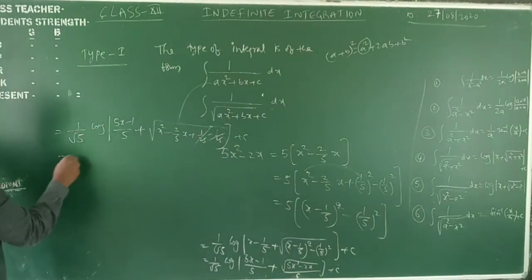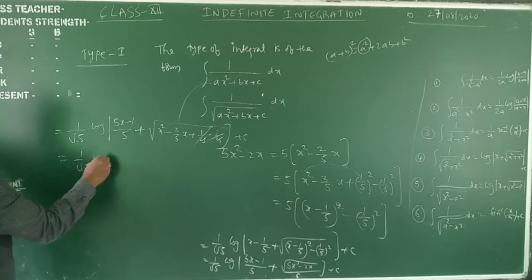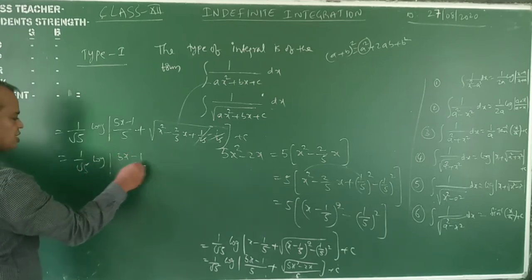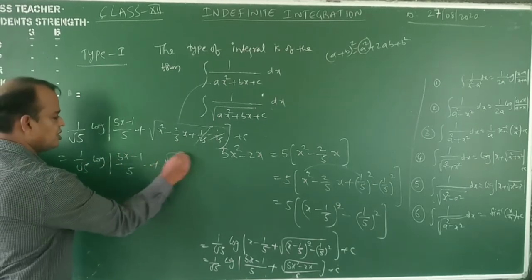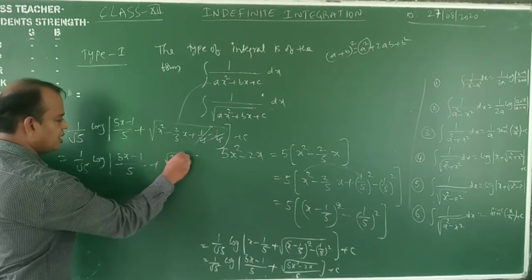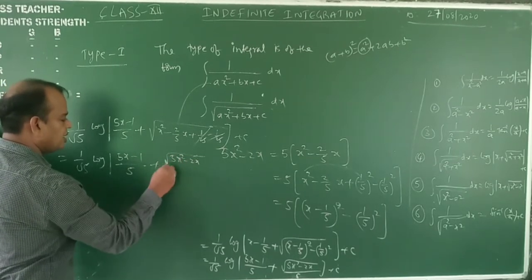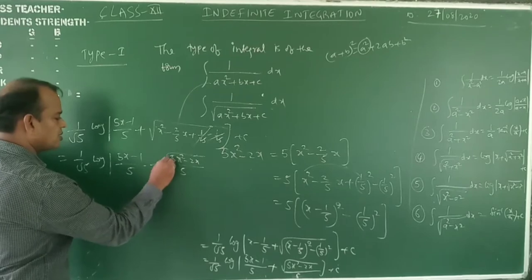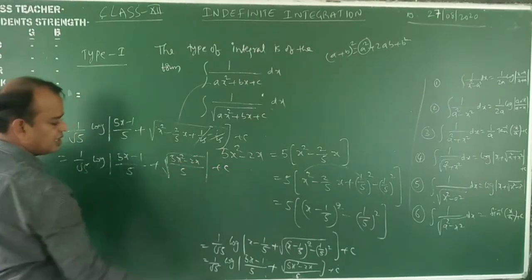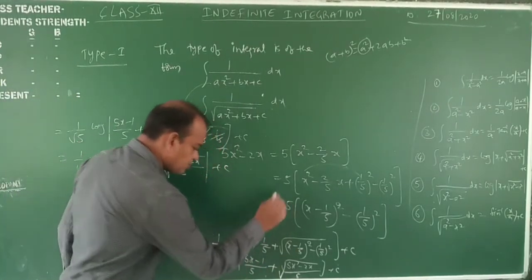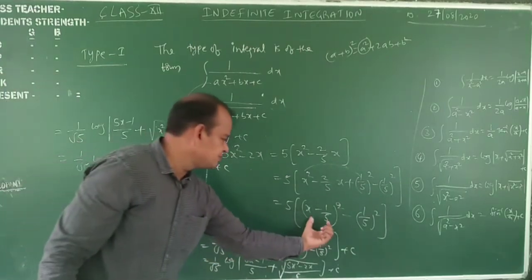That equals 1 by root 5 log mod 5x minus 1 by 5 plus root over 5x square minus 2x by 5, plus c. That is why I am telling you this.